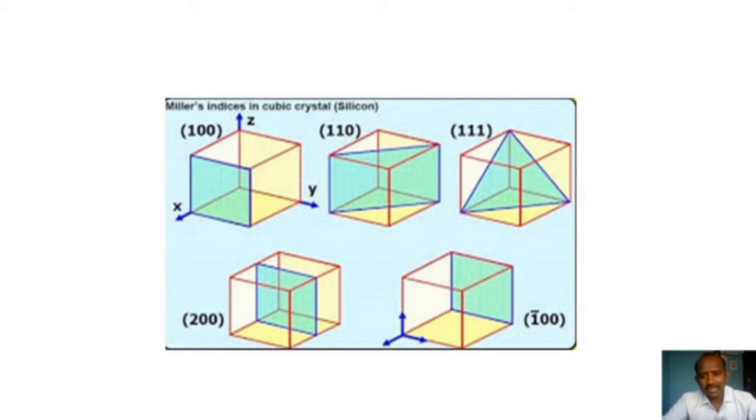If the intercepts cut at 1 point along the x-axis, y-axis and z-axis, that is represented in the third diagram, that is 1 1 1.